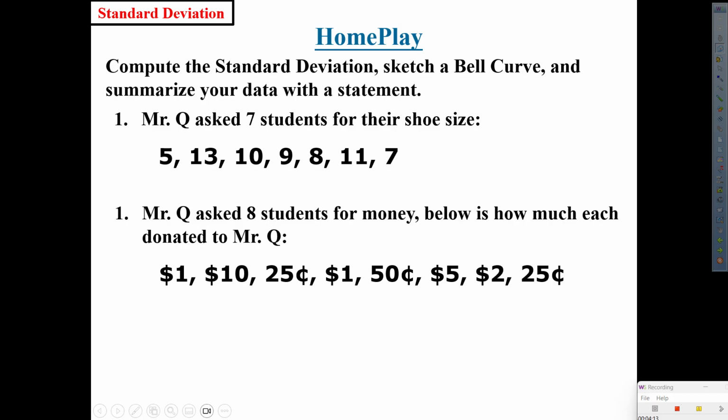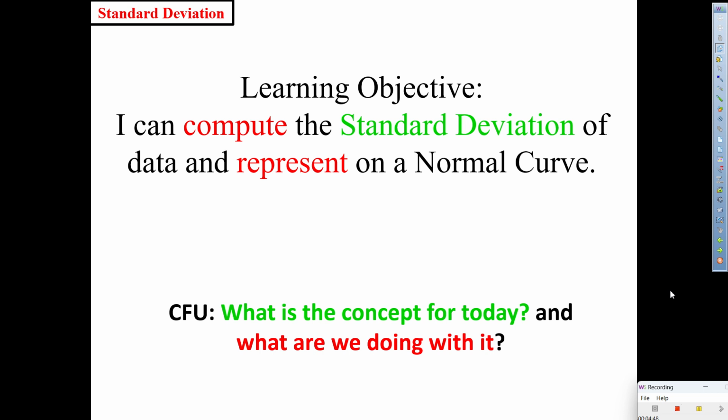So, get your Chromebooks out, go to Canvas, turn in your signed progress. It counts as a pop quiz. You got that, Camila?